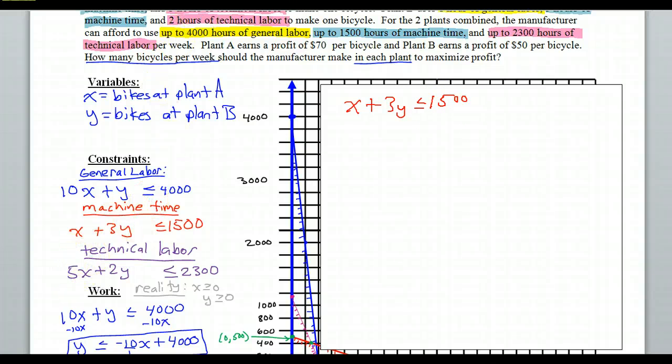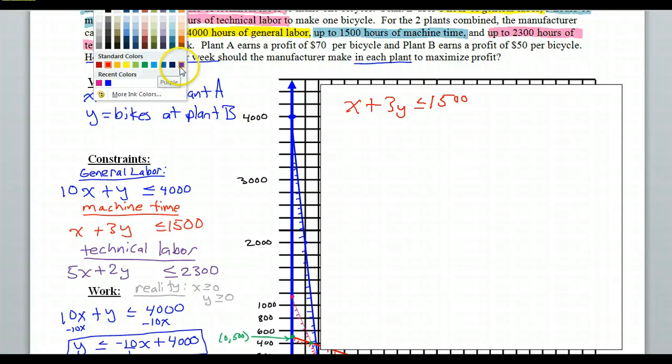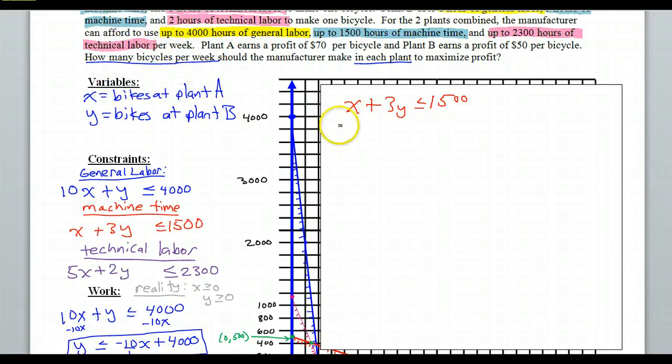Okay, and then the purple equation is 5x plus 2y, okay, is less than or equal to, you know what, let's just do equals because we're trying to see where the lines meet, so we don't need to worry about inequalities right now. So 2,300, and this is also equals.